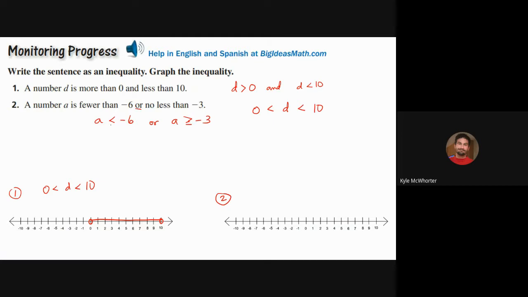So A less than -6 or A greater than or equal to -3. So A less than -6 is an empty circle at -6, arrow to the left. Then at -3, we're going to make a solid circle because A can equal -3 or it can be greater than -3.